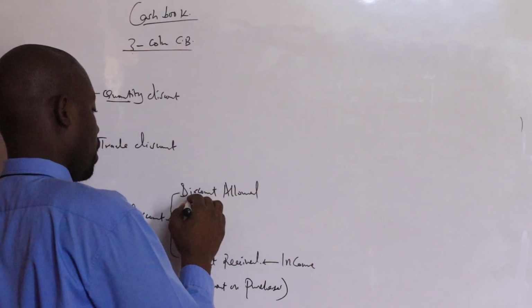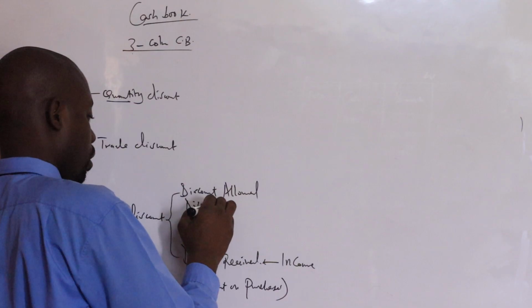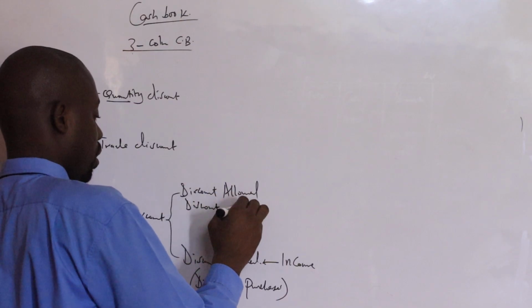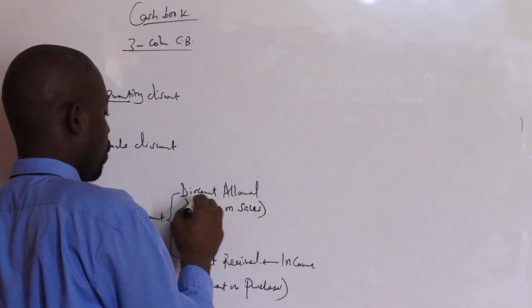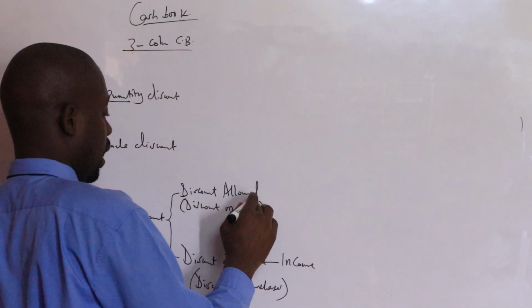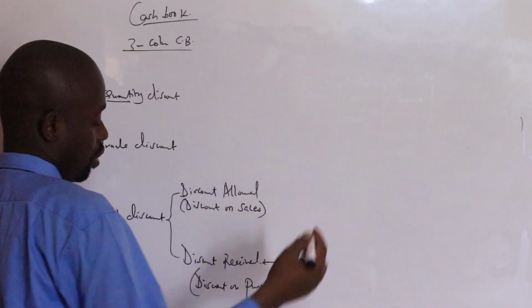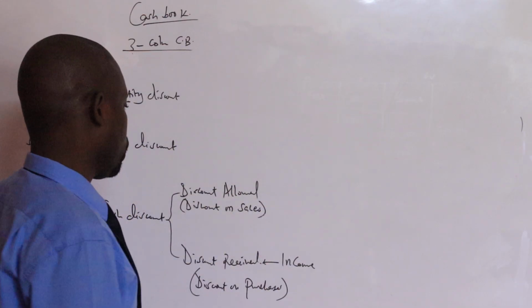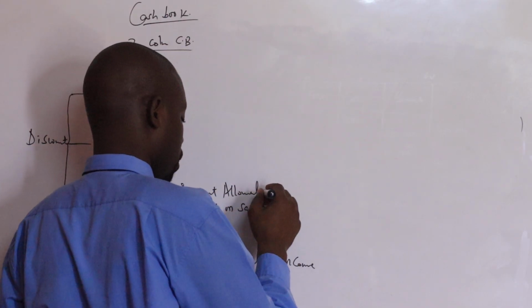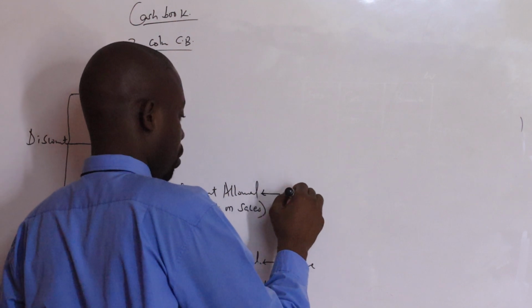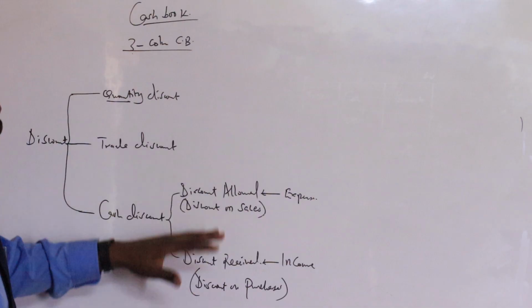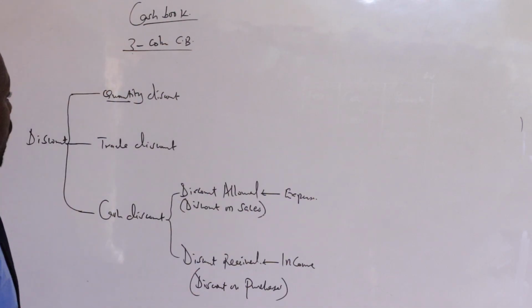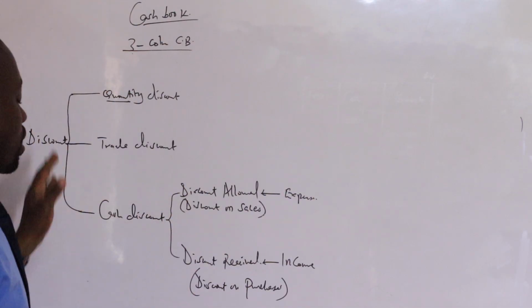This one here is what? Discount on sales. So when you sell, you allow yourself to lose some amount to the buyer. So to you it's a cost. It's an expense.